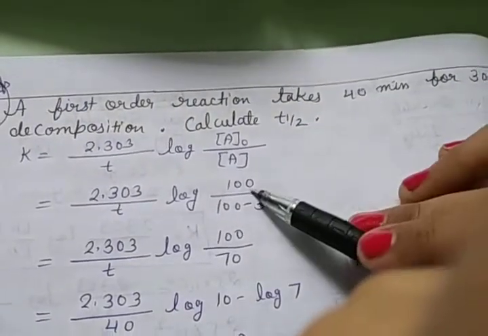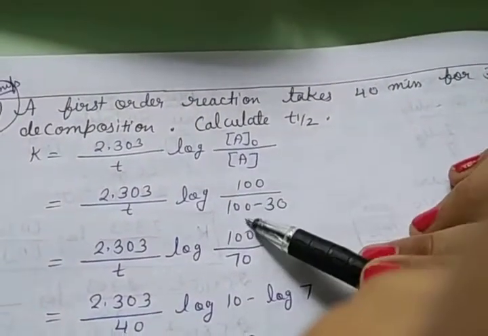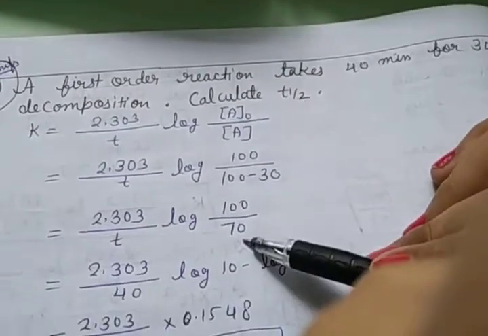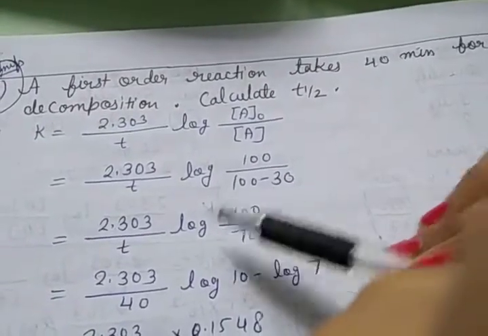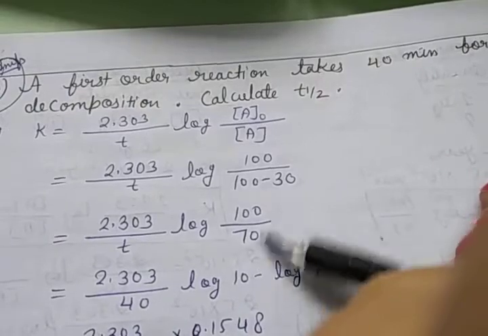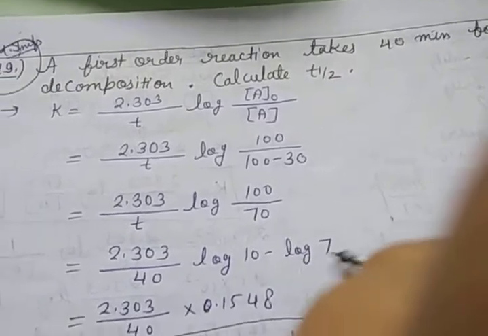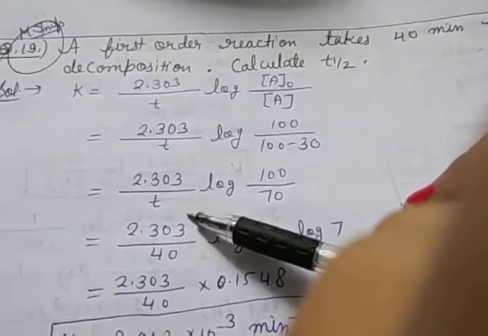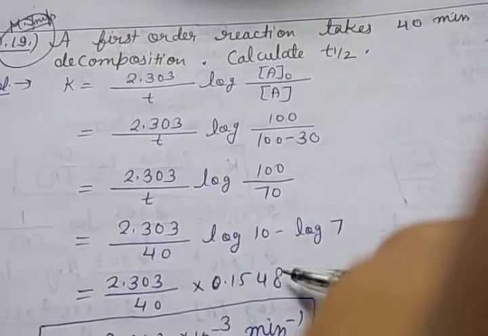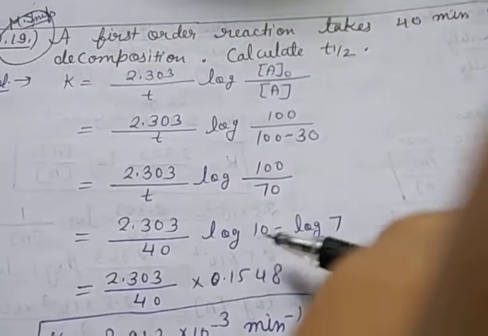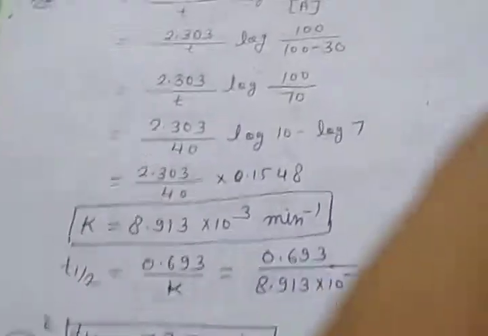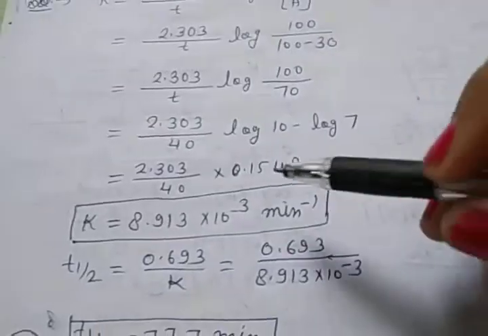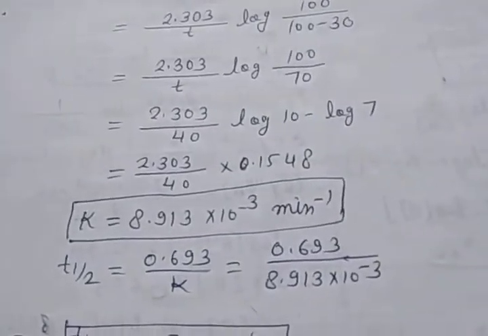Initial concentration is 100, so final is 100 minus 30, that is 70. So log 100 divided by 70, cancel the zeros, so log 10 minus log 7. Time given 40 minutes. Log 10 value is 1, then minus log 7. So the value comes 0.1548.